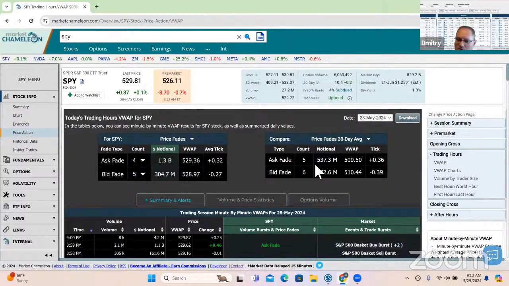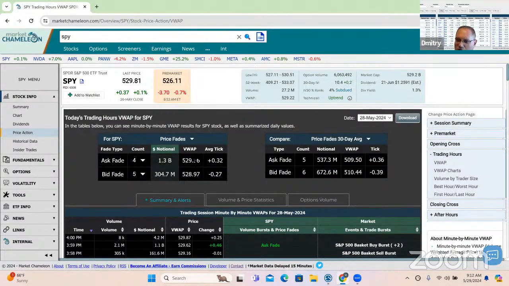And yesterday we had 4 of them, and typically we see around 5 of them. So that's nothing that unusual. We did see though that the trading volume was about $1.3 billion worth of stock volume versus 537 million. So maybe that's a little bit different.